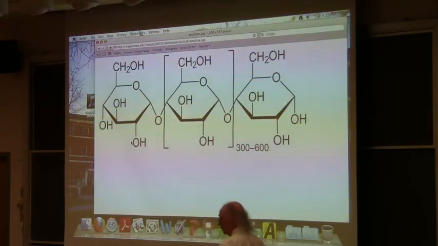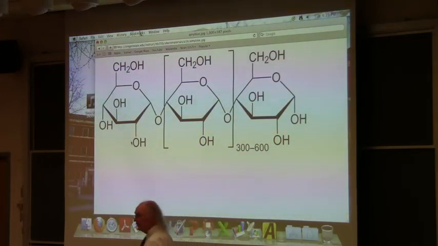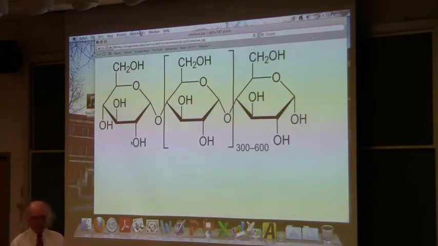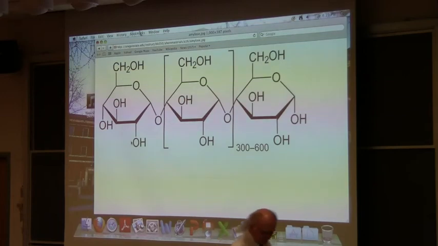All the units are glucoses. And the glucoses are all joined in an alpha 1,4 configuration. I think that's worth knowing. All the units are joined in an alpha 1,4. So it's a polymer of glucose, all with identical structures.